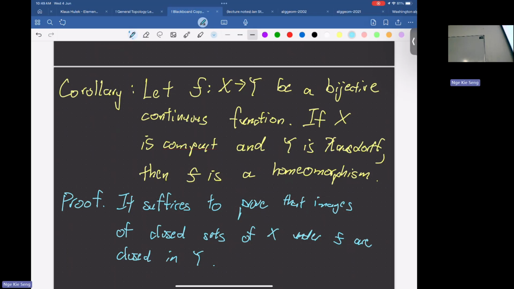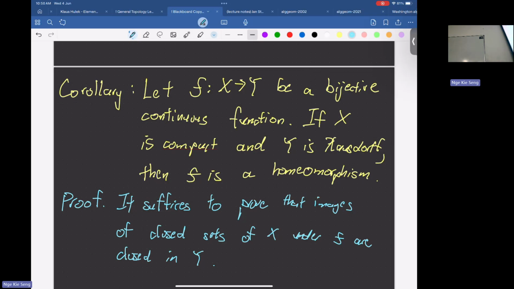Okay. Go back again. So continuity of F is what? If U is open in Y, then F inverse of U is open in X. Yes, good.